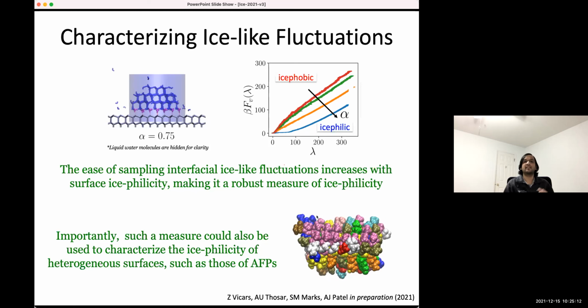So you could ask the same question: if I take a particular region of the AFP and systematically induce ice-like fluctuations, how easy or difficult is it to stimulate ice formation near the protein surface? And the ease with which ice can be formed will tell me something about how ice-philic or ice-phobic that region of the protein is.